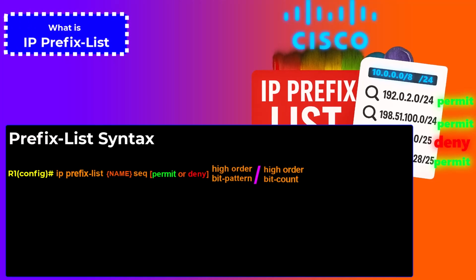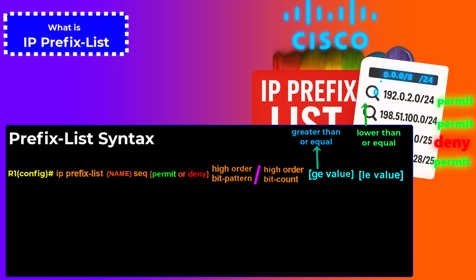Now it is time to define the subnet mask condition in CIDR format using GE, which stands for greater than or equal to, or LE, which stands for less than or equal to.